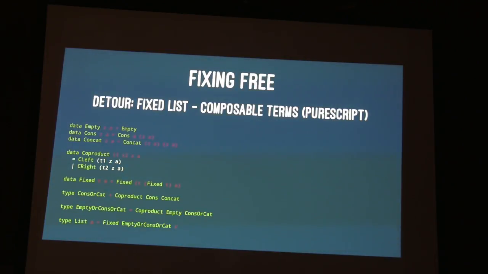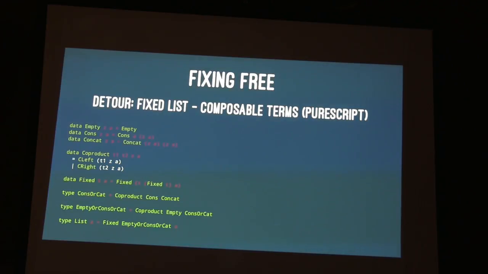And then what I'm able to do is basically combine these features to build a list that has whatever combination of features I want. And because this is all dynamic, I can eliminate features. For example, I can compile a list that is either empty or cons or concat to just something that's empty or cons. And how do I do that?